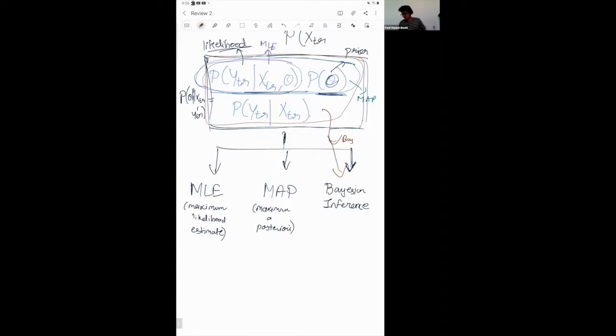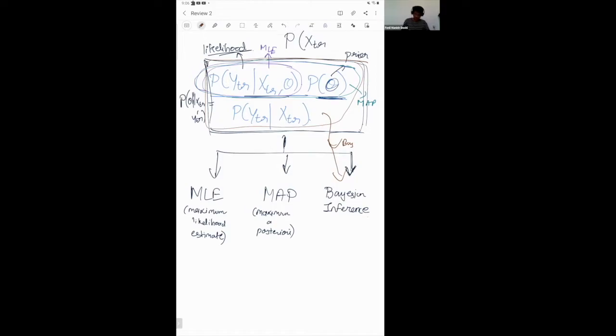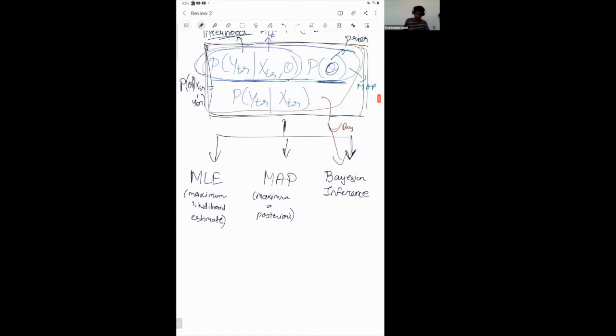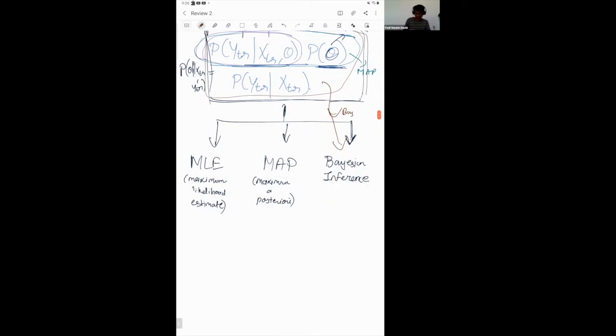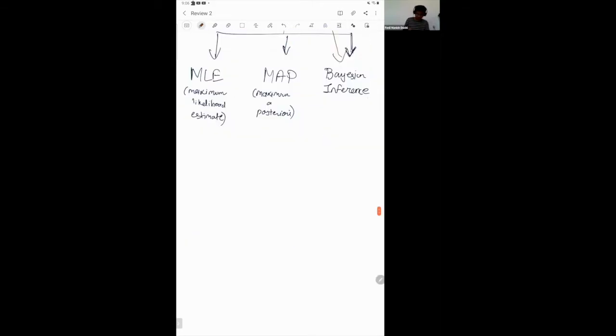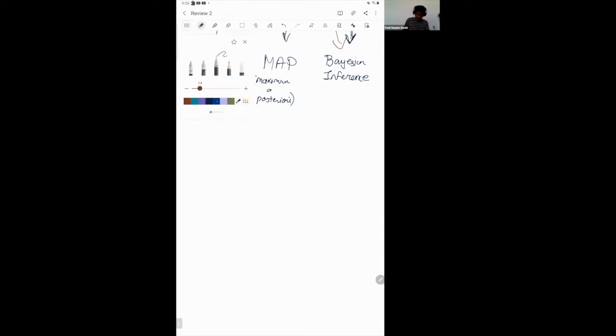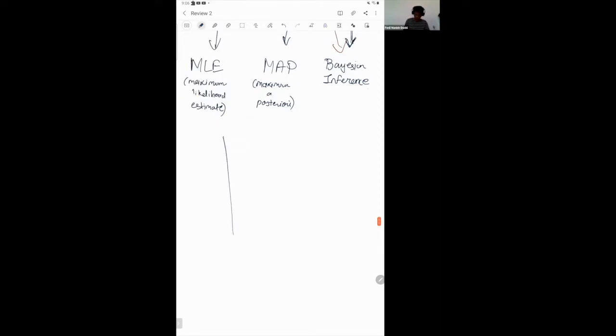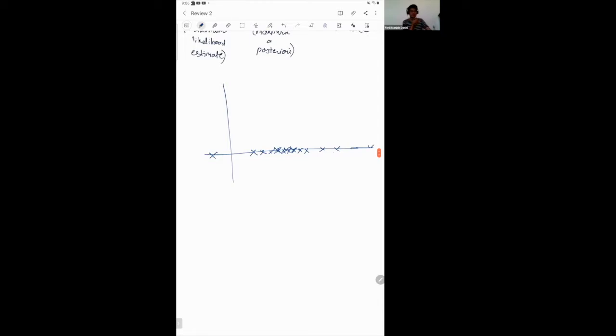So coming from this, this is one kind of way to define it, and the other might be this. Let's say you have a few data points that you have been given, and you want to evaluate.